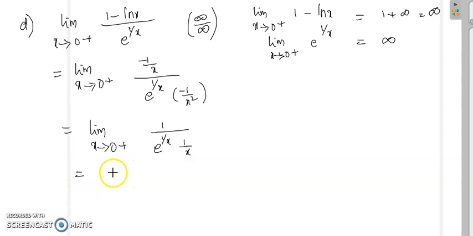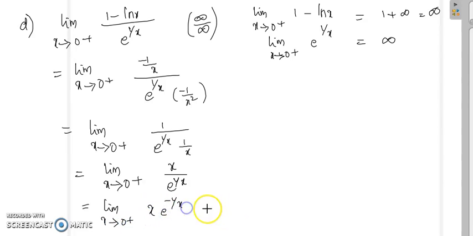So that will be limit x tends to 0 plus x by e raised to 1 by x, which is limit x tends to 0 plus x into e raised to minus 1 by x. So the value is equal to 0. So you will get the limit equal to 0.